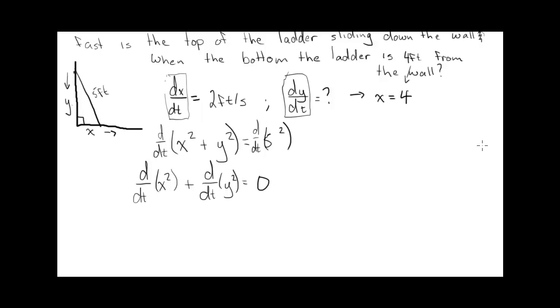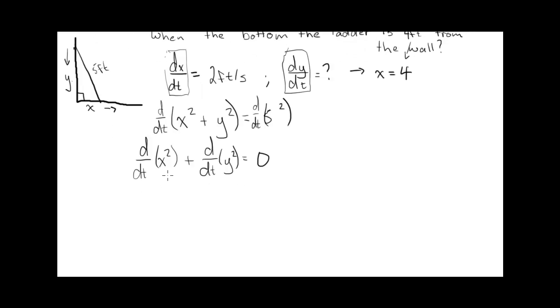So that's 0. The derivative of x squared is 2x, but it's with respect to t, so 2x dx/dt plus 2y, same thing, dy/dt. So now this I know, this I want to know, this I know, this I don't know.